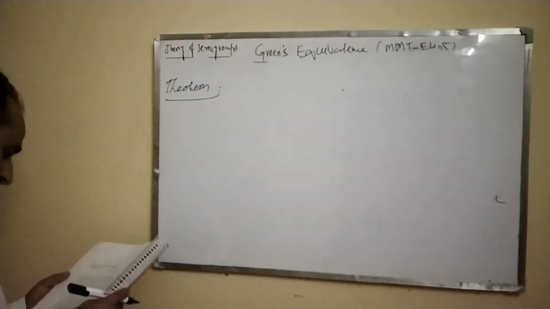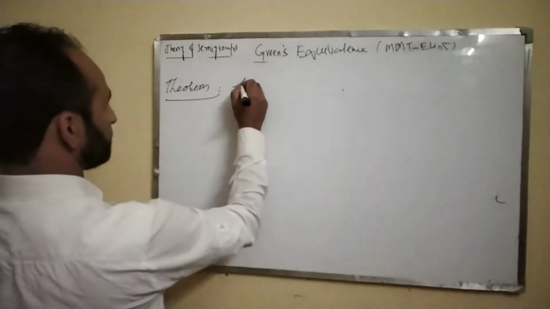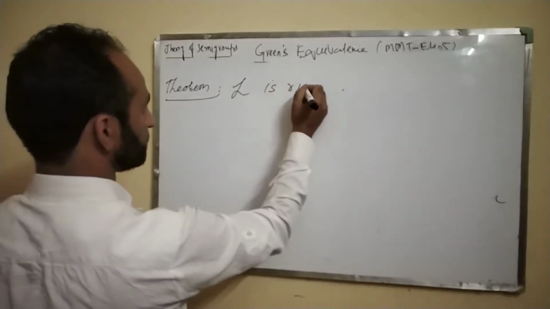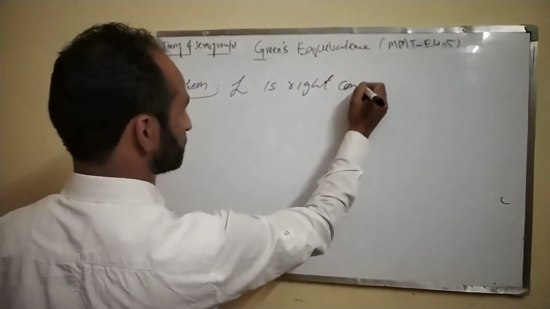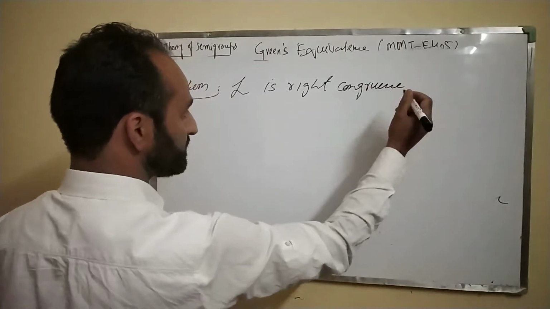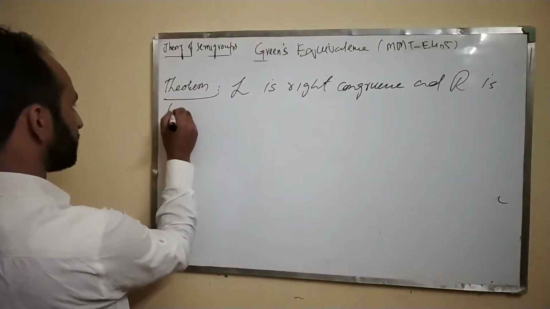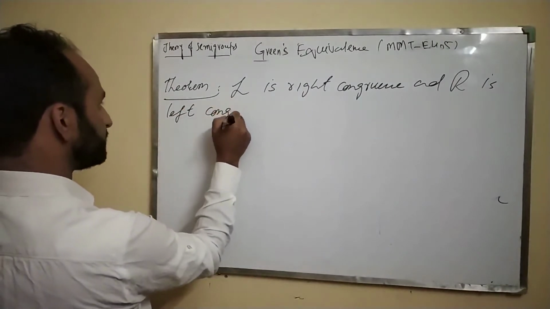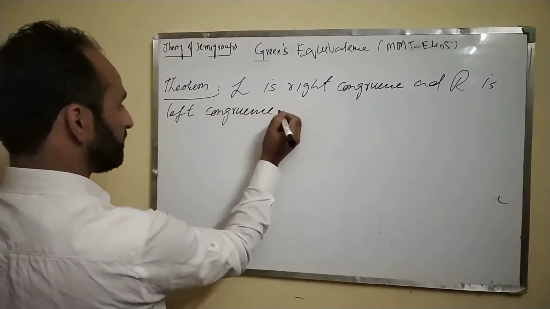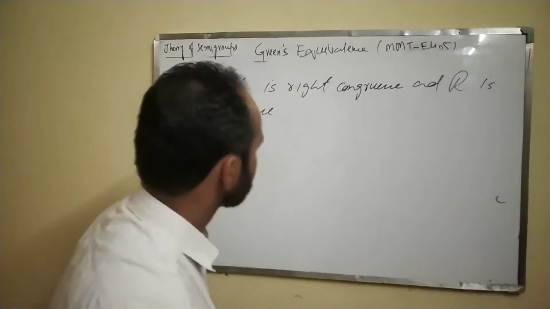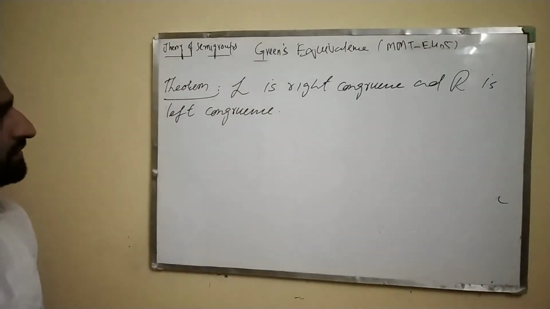L is a right congruence and R is a left congruence.